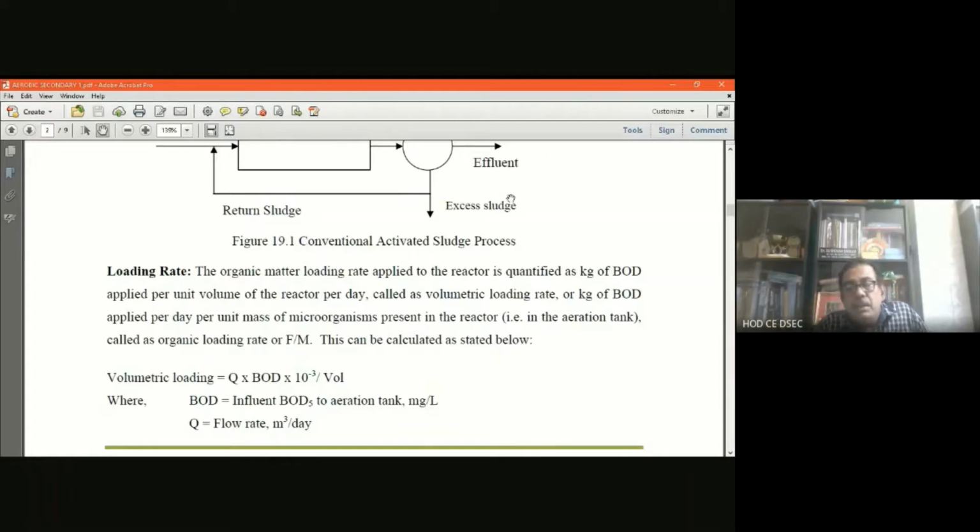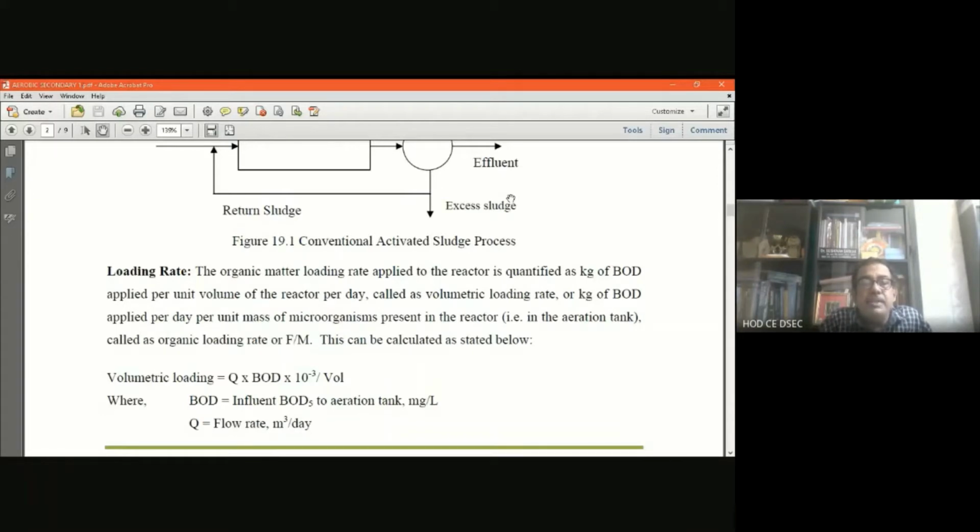In fact the organic matter is given by BOD. So the kg of BOD applied per unit volume of the reactor, that is called the volumetric loading rate. Again I am repeating, the kg of BOD, that is the organic matter, per unit volume of the reactor. So this is called the volumetric loading rate.